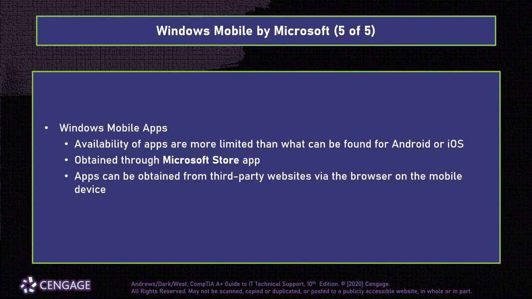Now, Windows mobile apps are a little bit more limited. Whenever you program something, and this is something you'll learn as a programmer, if you take CIS 115 or what have you, you'll see that the steps for producing a packaged application that can be read by one of these operating systems are a little bit involved. For a lot of IDEs, like Unity, for example, you can package stuff to play on Xbox, PlayStation, Nintendo platforms, PC, and mobile.